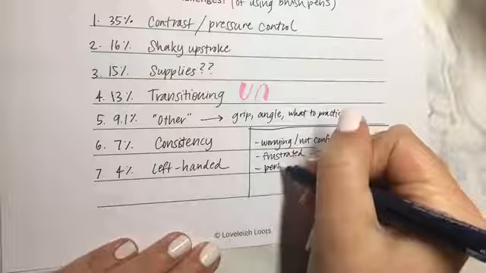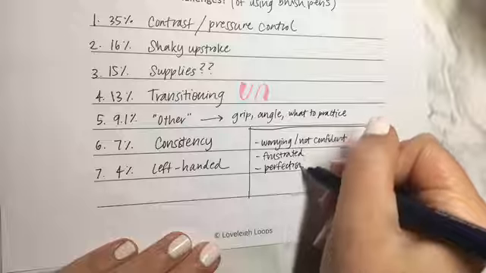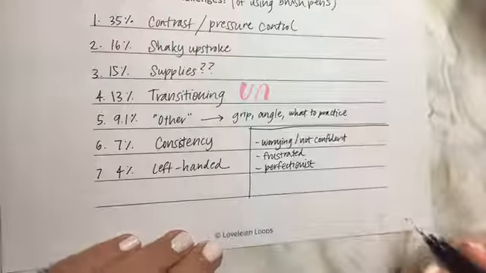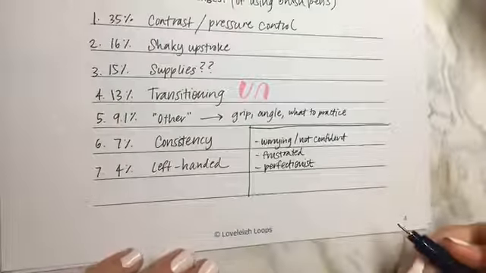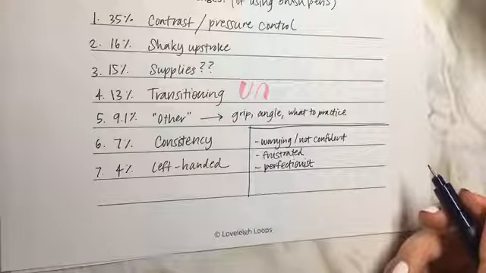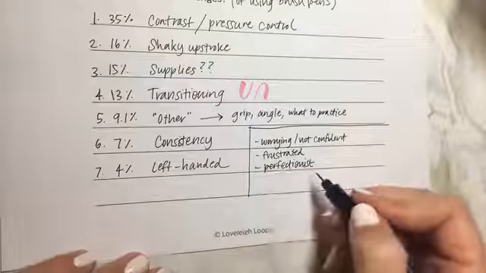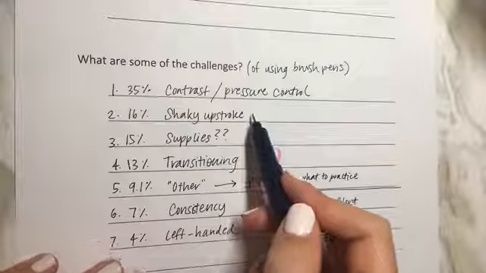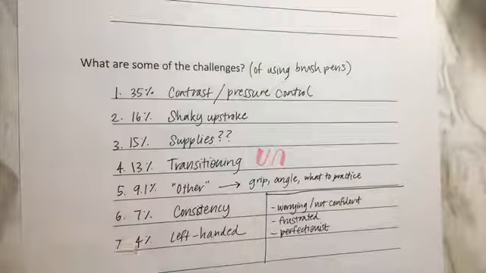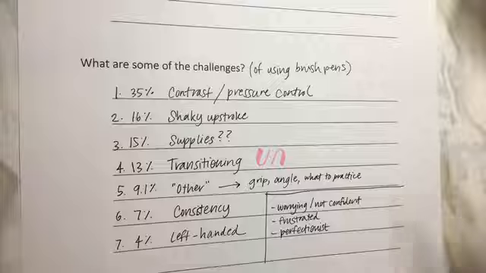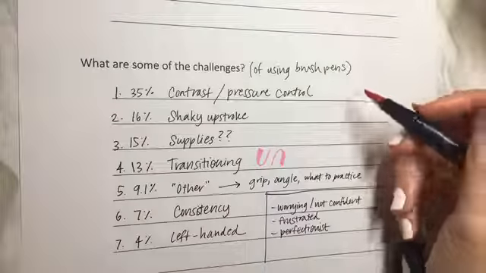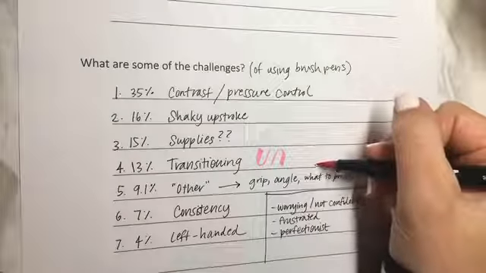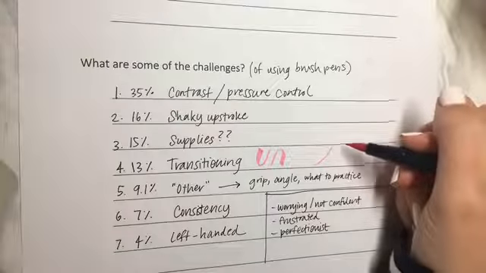Being a perfectionist can hold you back in lots of things in life, but in brush calligraphy at the beginning, being a perfectionist can be really tricky because, going back to shaky upstrokes, that is not a natural thing for you unless you're like a painter or something. It's not really natural to do some of the things that we do in brush calligraphy.